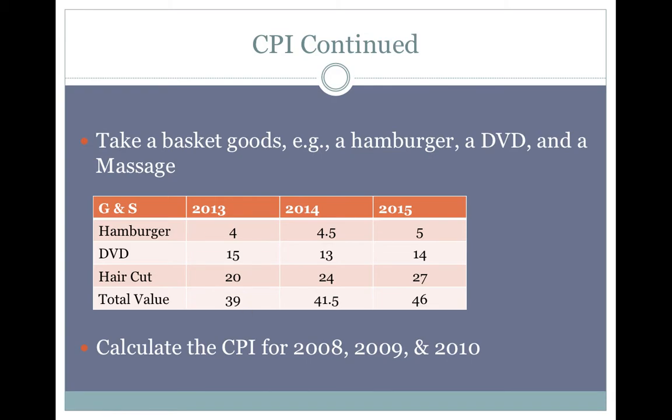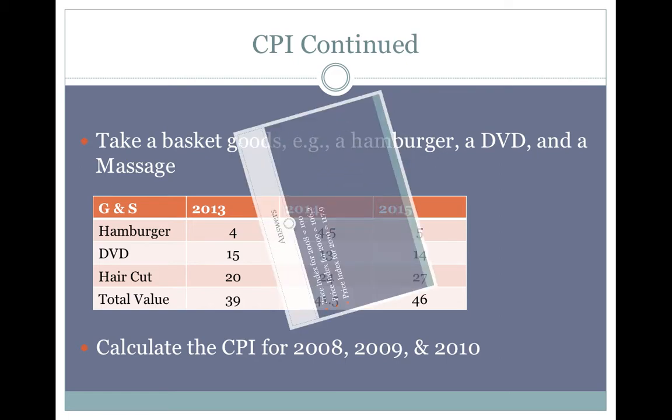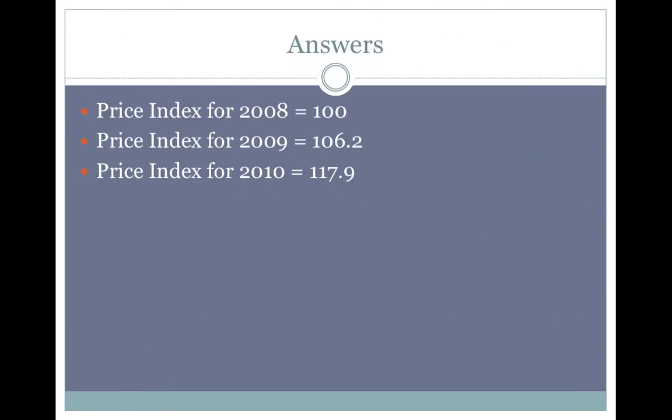So if we did base year over base year, we would have 100. However, if we do the value in 2014 over 39, so 41.5 divided by 39 times 100, we get 106.2. Basically what that means is that prices have gone up by 6.2% on average. So we've got a little bit of inflation.